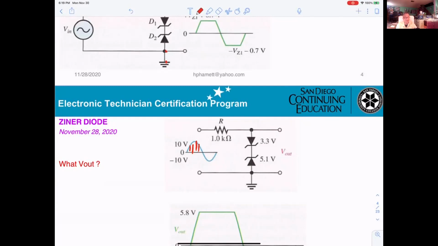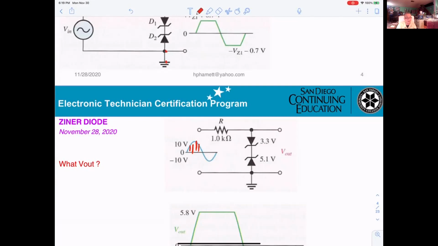On the negative cycle of the input signal, that means you get minus 10. What we are? 2.6.